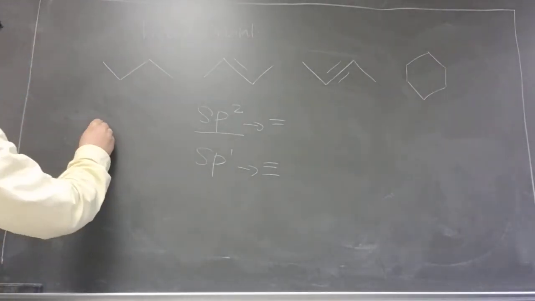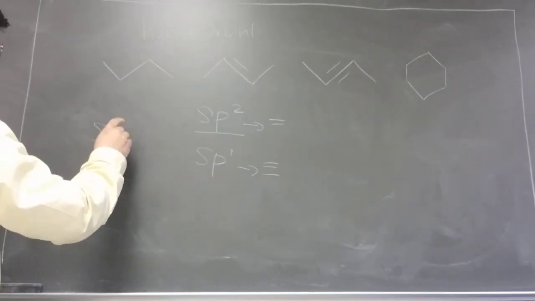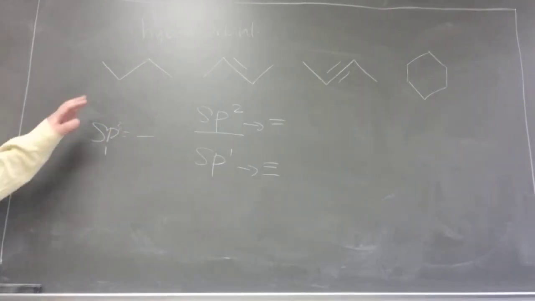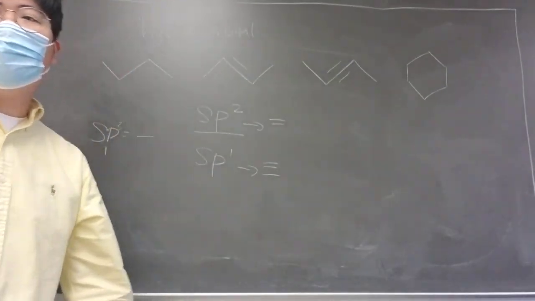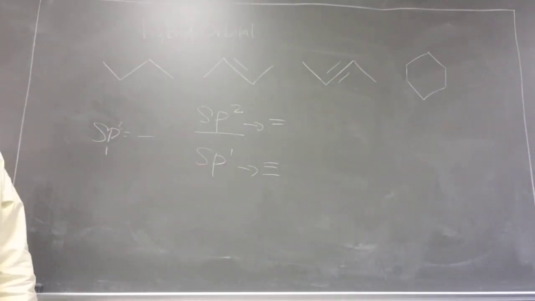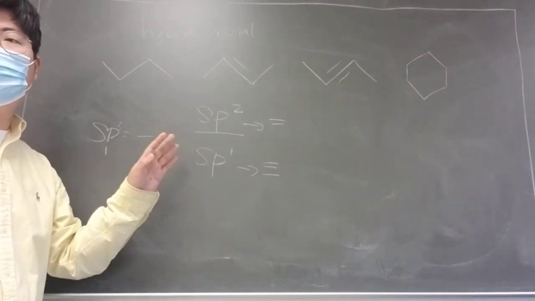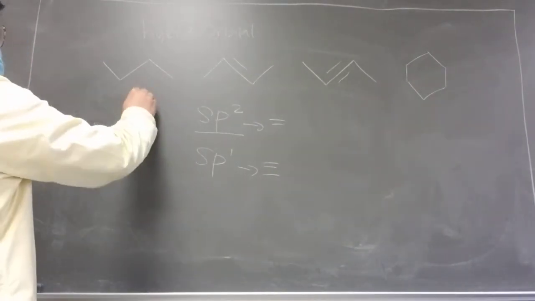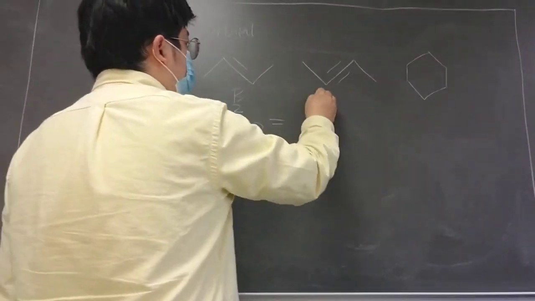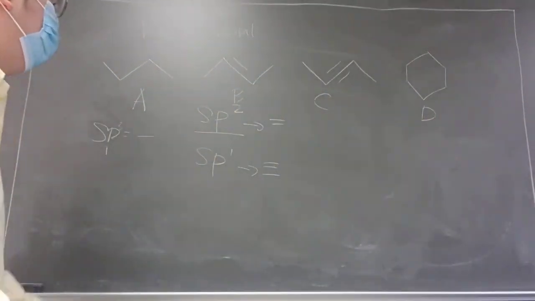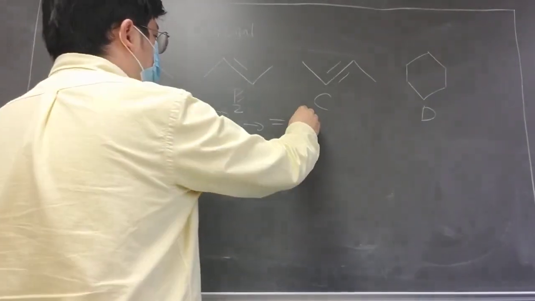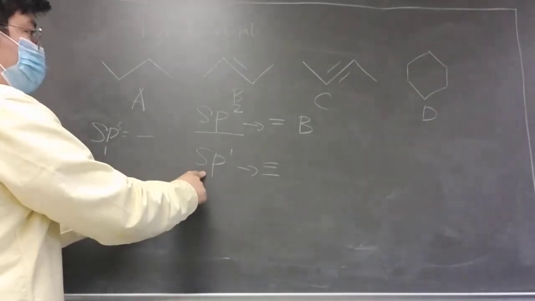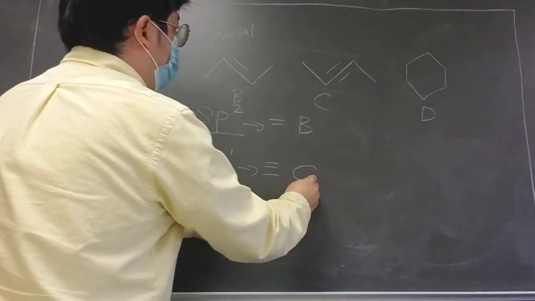Then obviously sp3, the single bond. So there are some single bonds there. So you can find which compound has the sp2, sp1, or sp3 hybrid orbital. So maybe this is A, B, C, D, right? You could answer for this one: B is the answer if you're looking for sp2. You're looking for sp1, C is the answer.